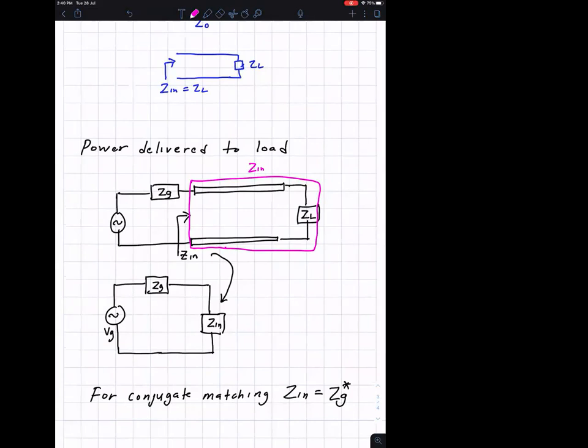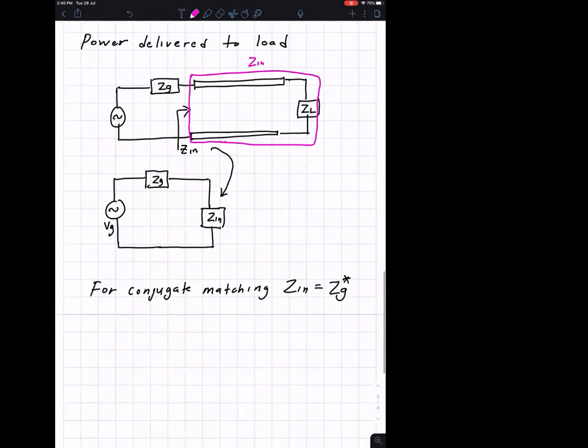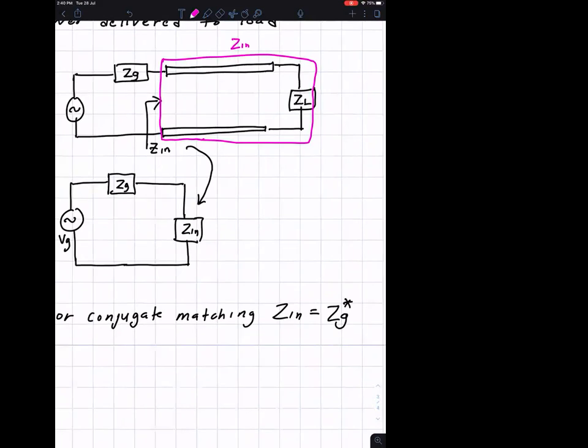Did I answer your question? Yes, sir, but my question is, you wrote that for conjugate matching, Z in is equal to ZL, is it? No, Z in. Remember last time, this is like our load right now. So Z in is going to be the conjugate of this.